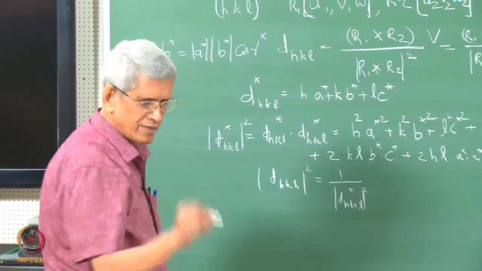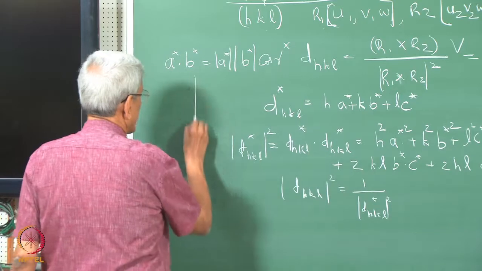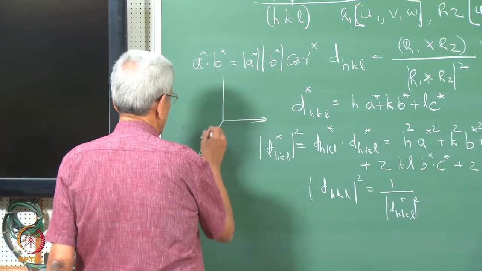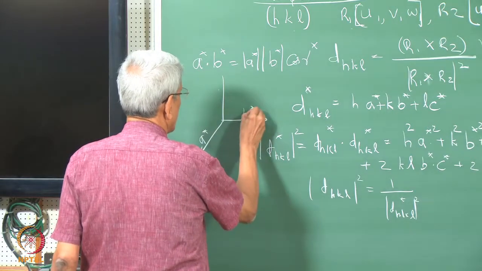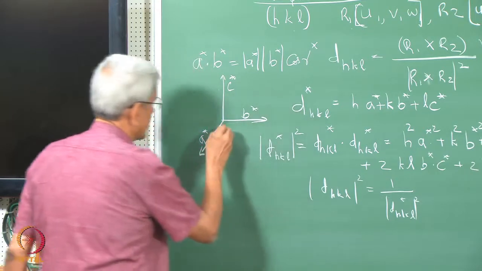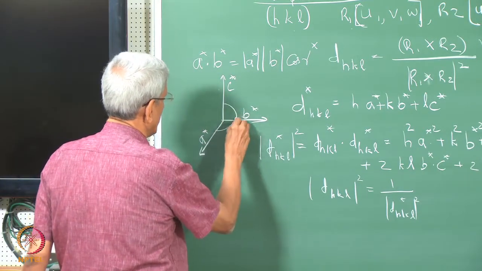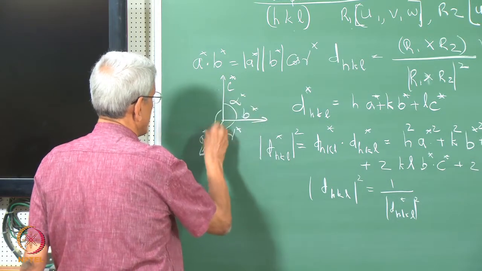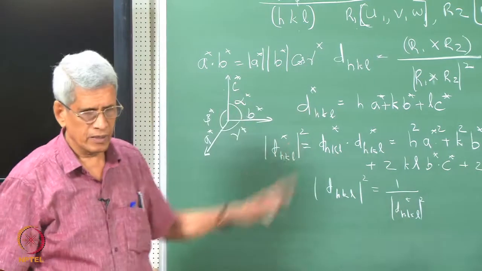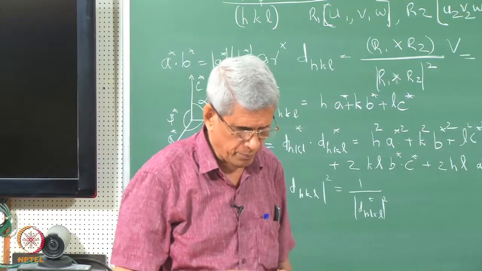That is, if we represent A star, B star in terms of a coordinate system, in this direction A star, B star, and in this direction C star, this is the angle gamma star between them. This will be the alpha star angle, this will be the beta star angle. Right. This way we can utilize it to find out.